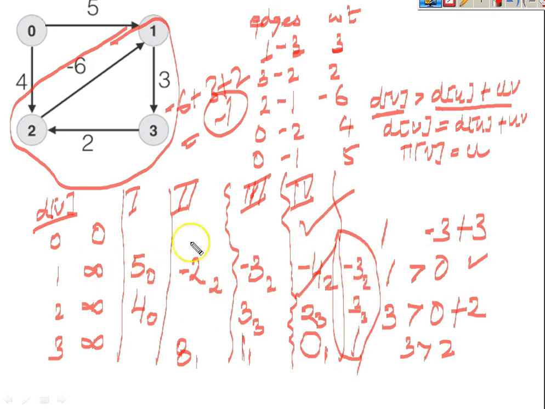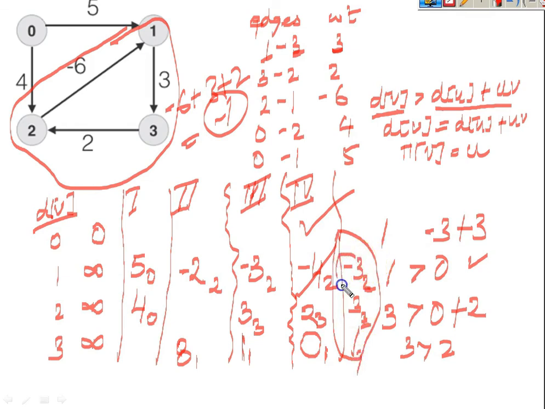From the source 0 to 1, the cost is minus 3, and you can reach it through the vertex 2. From 0 to 2, the cost is 3, and you can reach it through the vertex 3. From 0 to 3, the cost is 1, and you can reach it through the vertex written here.